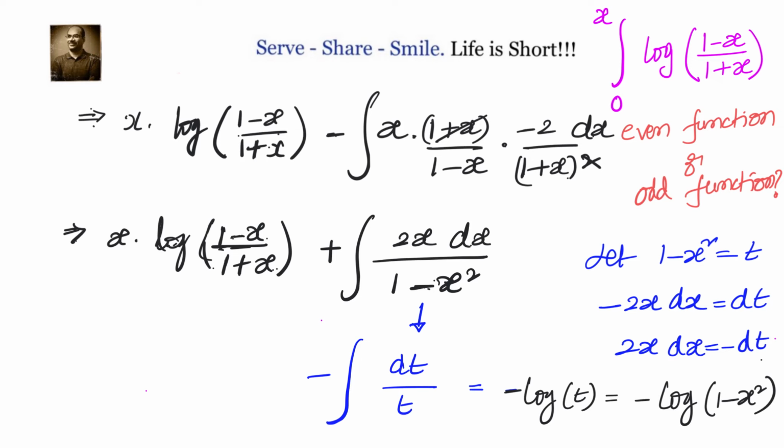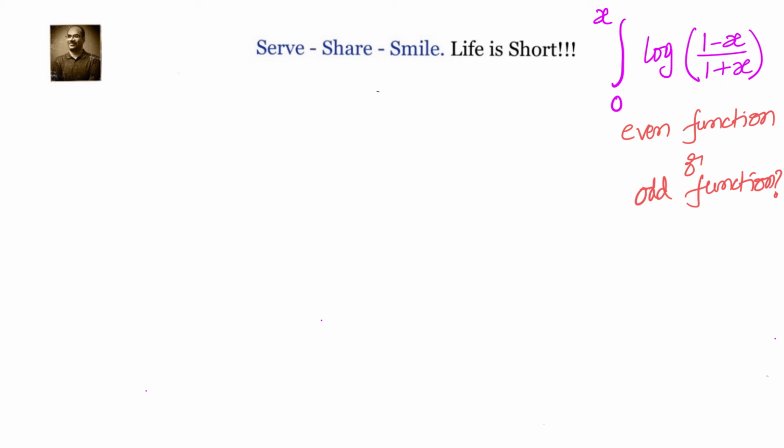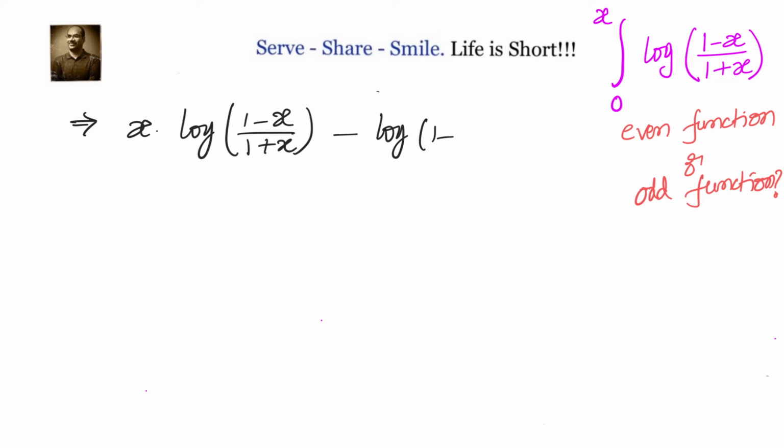Now let us combine the first term and second term and see how we can simplify that. So we have x into log (1 minus x) by (1 plus x) minus log of (1 minus x) into (1 plus x). We can get these two into a single logarithm. For that, this x, whatever we are multiplying, we'll take as a power.